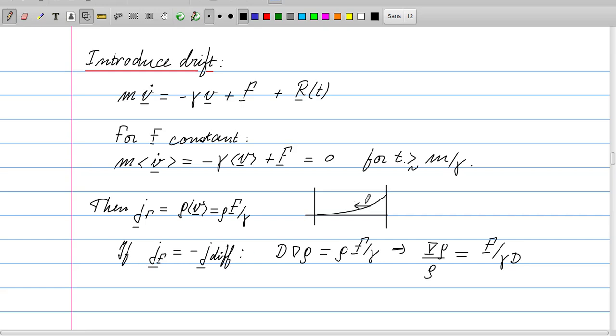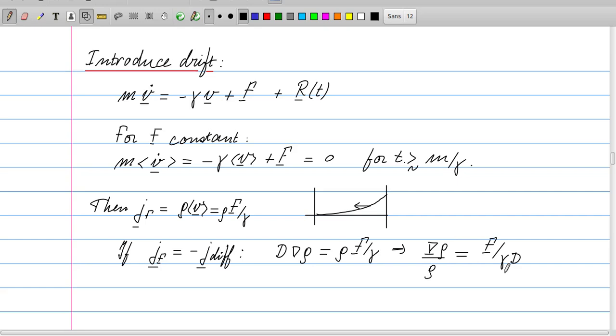That's the diffusion flux. In the end we will reach a situation in which the drift flux is balanced by the diffusive flux, and then obviously the particles don't move anymore. If we have that balance, we have the following equation: the gradient of rho divided by rho is F over gamma D.